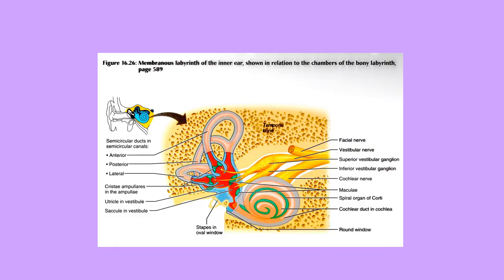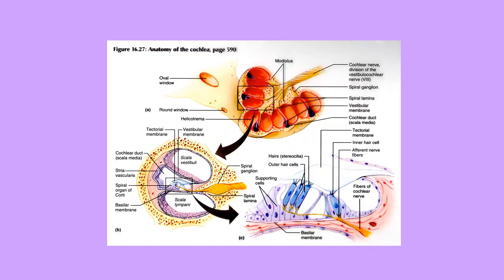So in this diagram, it's focused in on just the inner ear. As you can see, there are three different semicircular canals in different orientations. This is going to help you with balance and equilibrium. And then the cochlea looks like a clam or a snail shell, and it's twisted in that circular fashion, and that is going to contain, as I said, the hair cells, the hearing receptors.